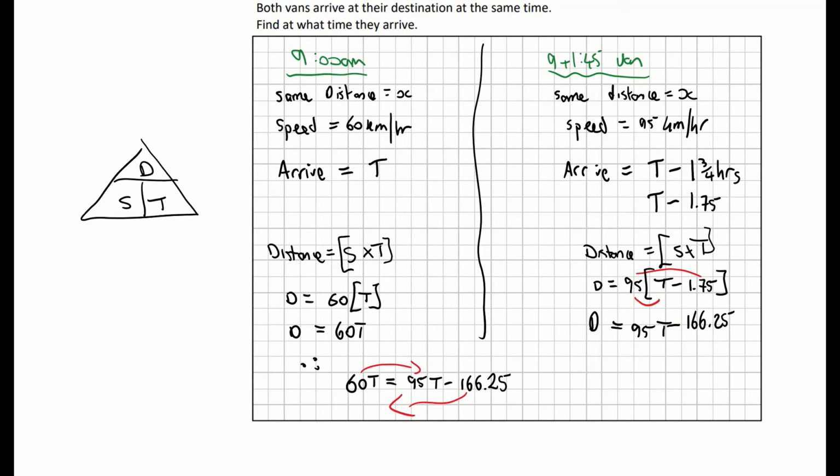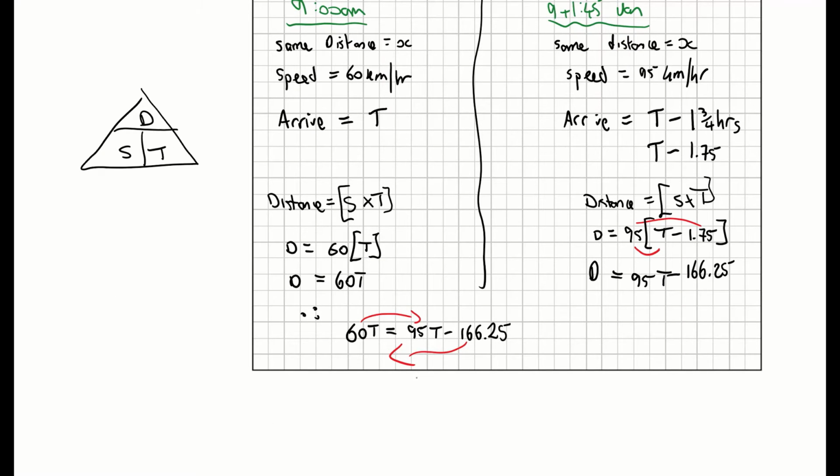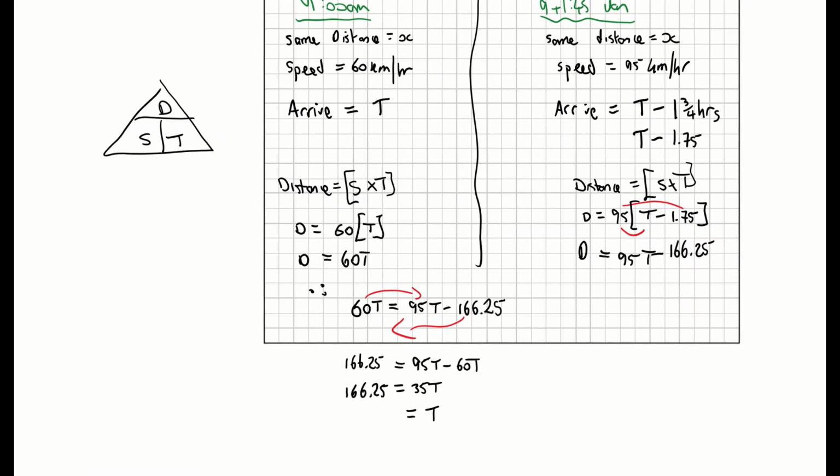And a little bit of algebra now, putting t's on one side and constants on the other. I'm going to subtract 60t from both sides, so 95t minus 60t, and I'm going to add 166.25 to both sides. Taking 60t away from 95t gives me 35t, and to get t on its own, I'm going to divide 166.25 by 35.